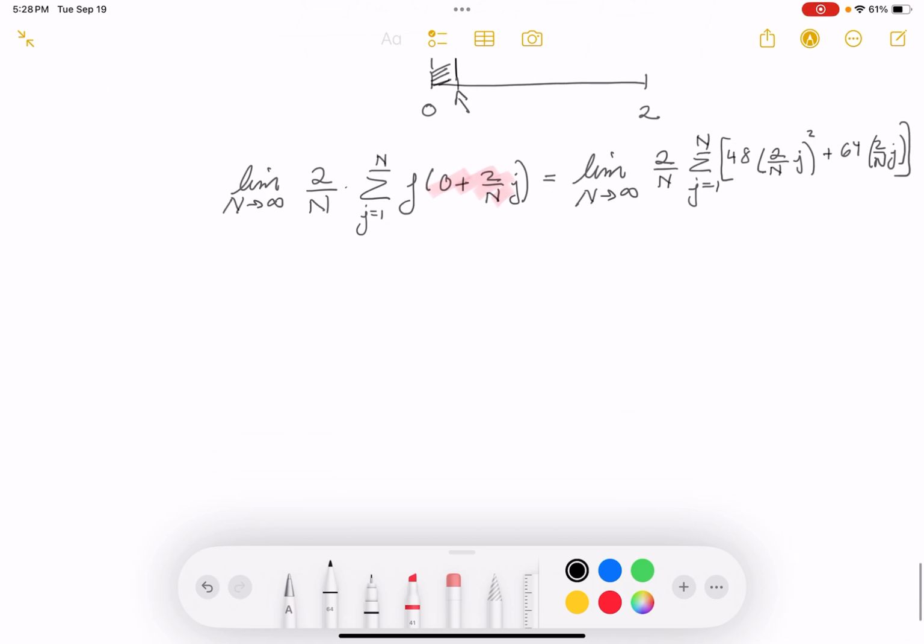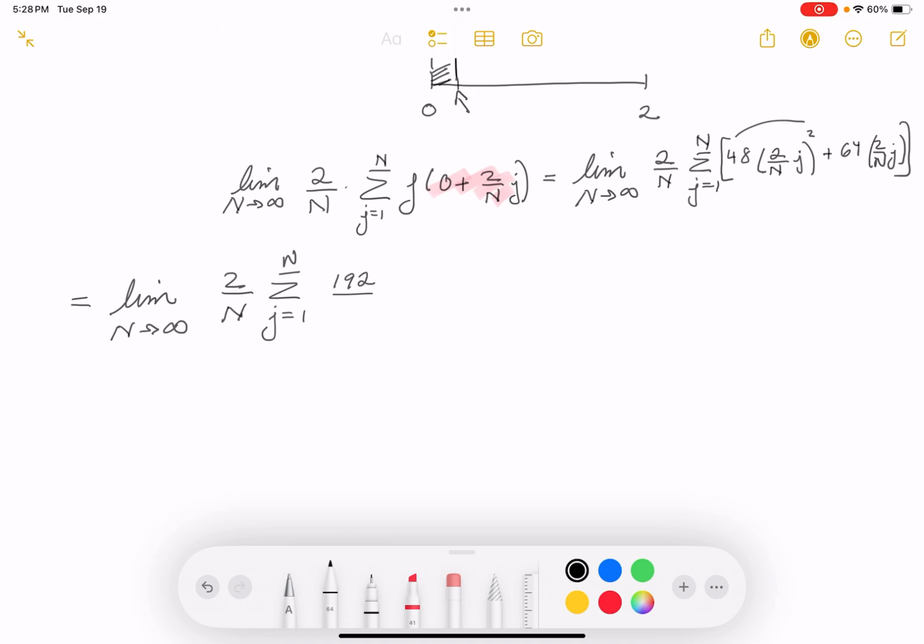So it's really a process of removing symbols. What I just removed there, the symbol f. Let me keep rewriting it. Equals the limit, n goes to infinity, 2 over n. Now, I'm looking at the sum, and this is j equals 1 to big N. Looking at this thing, I'm really going to do one term at a time. 4 times 48, well, that's 160 and 32, so 192.